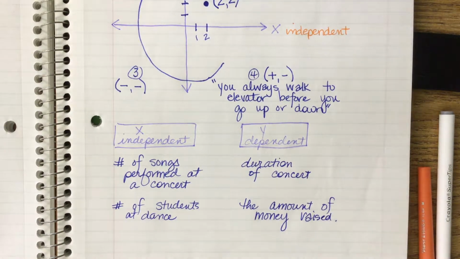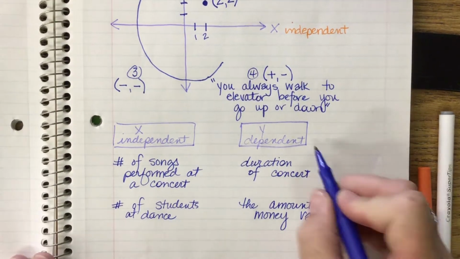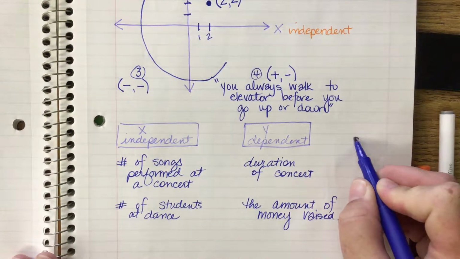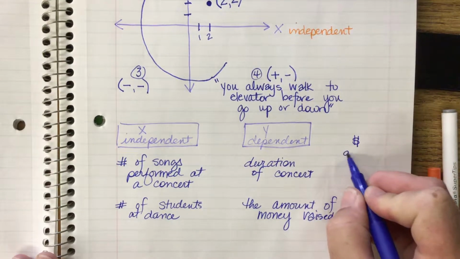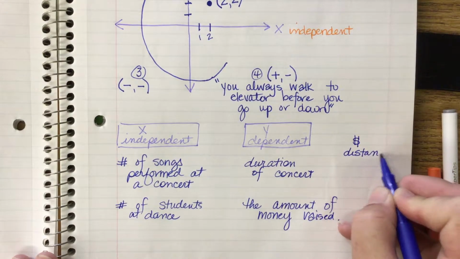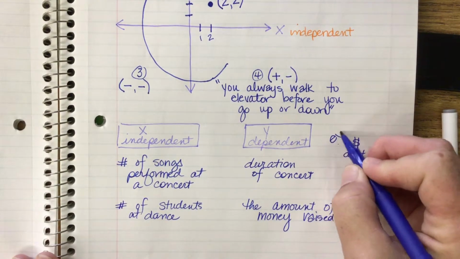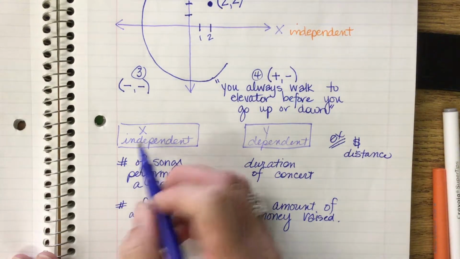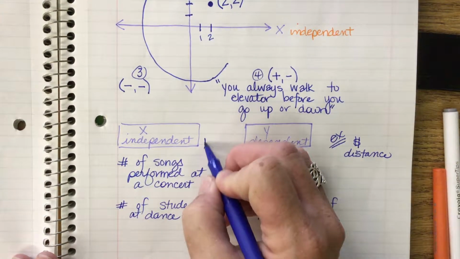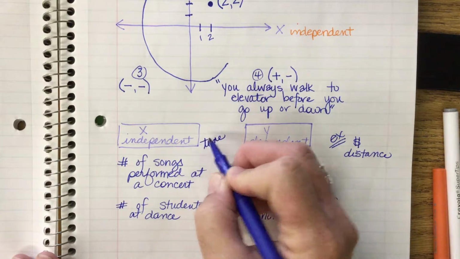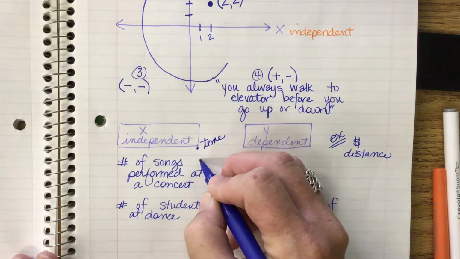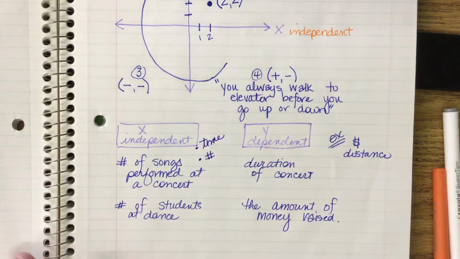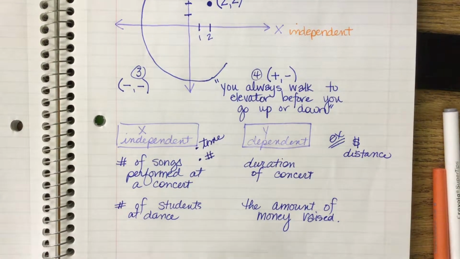So your y many times depends on money. Could be distance. These are examples. The independent x is usually time, a number of people, number of songs.